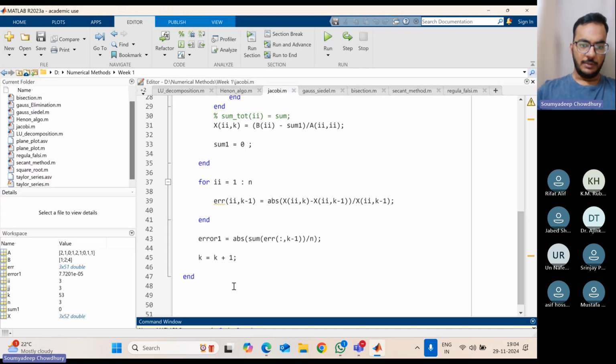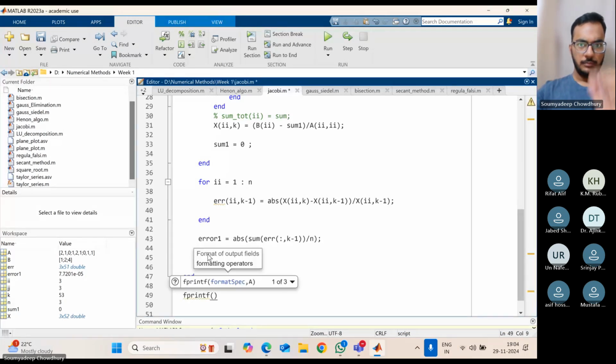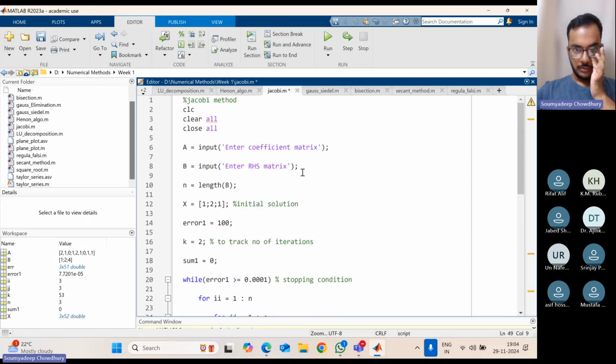So I'll just use a print statement here.